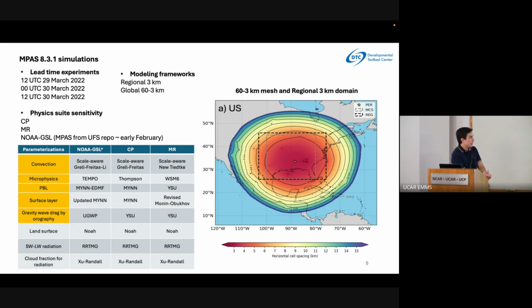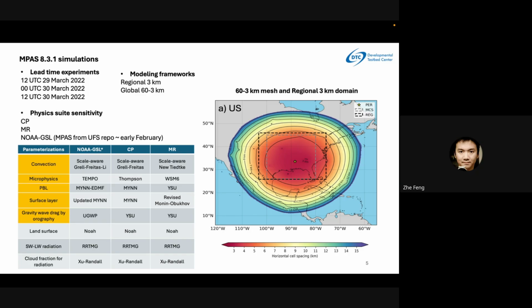I would say that the convection-permitting physics suite is doing a really good job in some cases, but MR is also doing a good job in some cases. And I would say that the other suite had lower performance because we are not using it as it's meant to be used, with the Noah LSM and its own initial conditions and lateral boundary conditions. So yes, there are some differences.